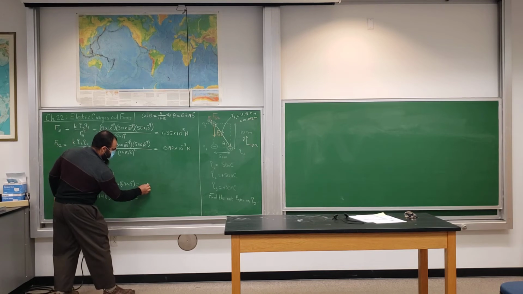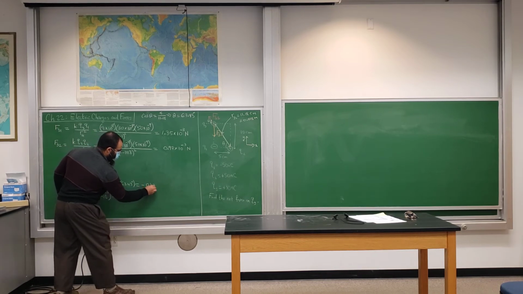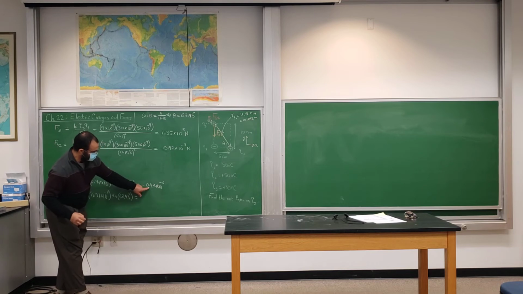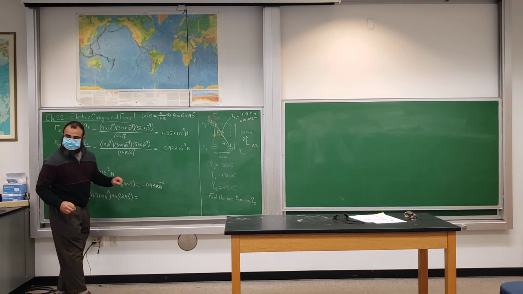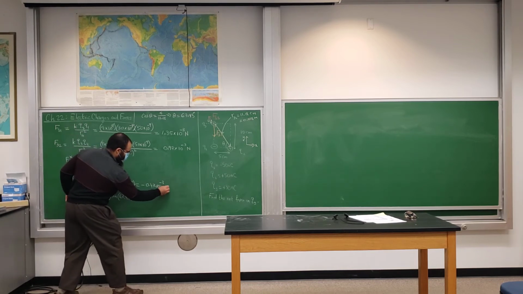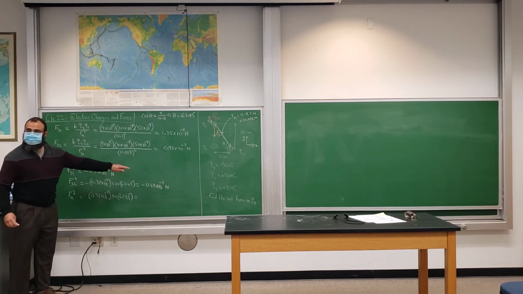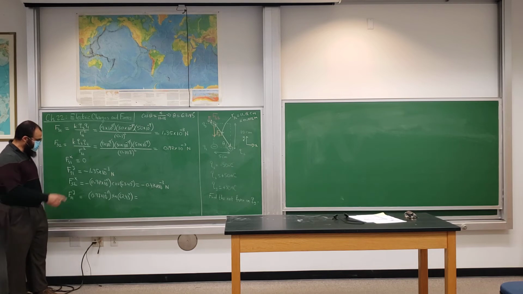Okay, so negative 4.34, so 0.434 times 10 to the minus 3. If I put the decimal here, it would be minus 3. Does that sound good? Okay. And then the other one, I'm trying to put everything times 10 to the minus 3, so I can have an easy time adding things later.